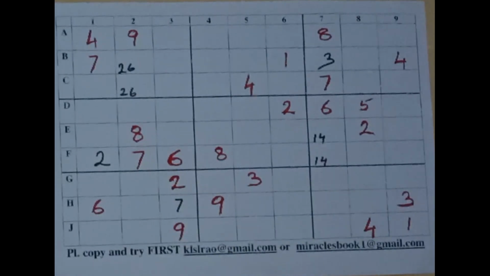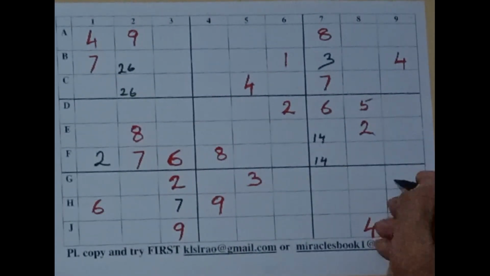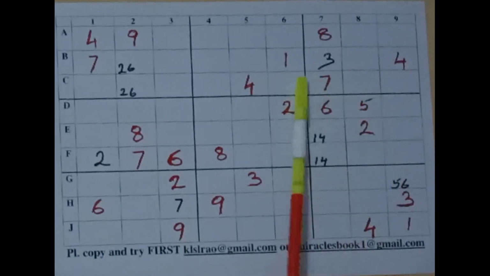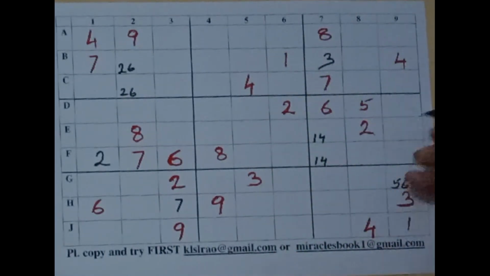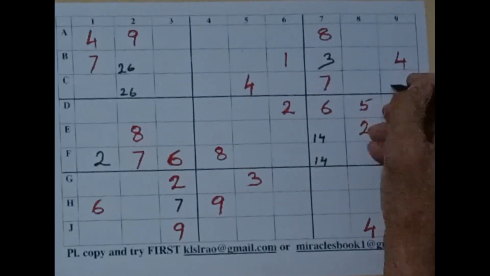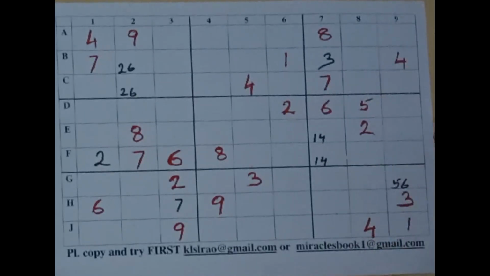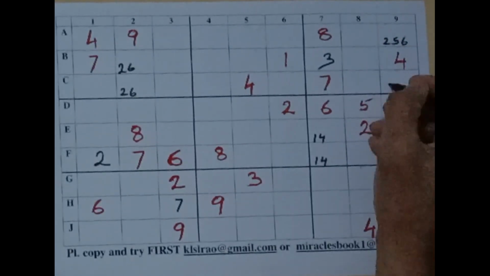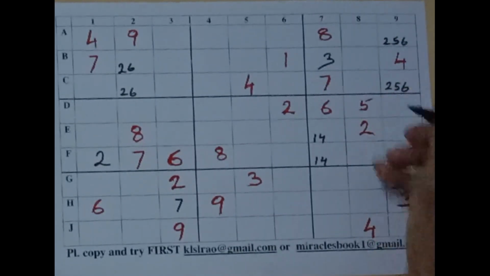We have a 2 here, so we can write 5 and 6 here. There's no cross check I am observing. Here also no cross checks. Okay, let's write all the three numbers there: 2, 5 and 6.